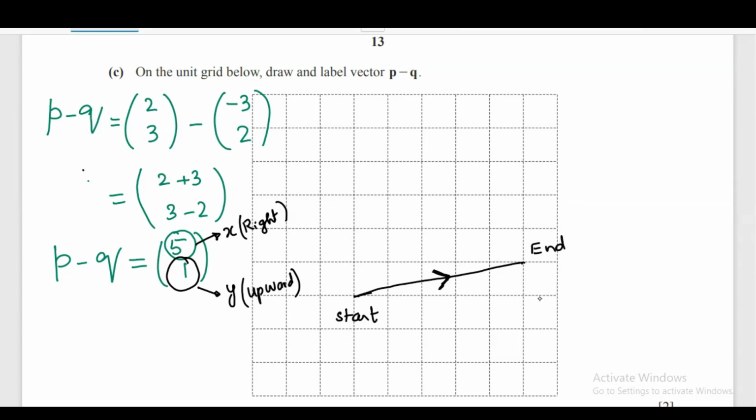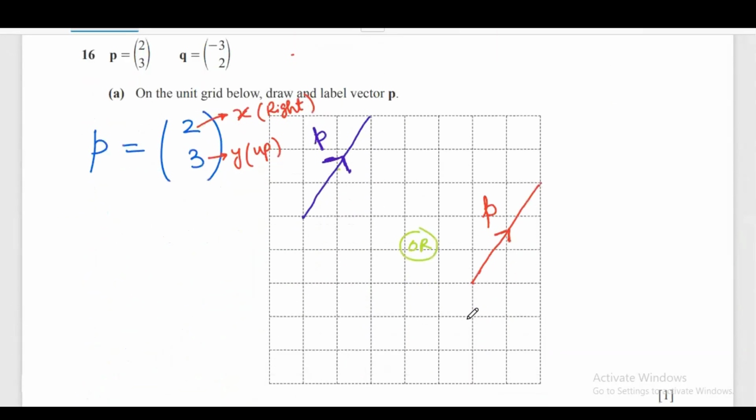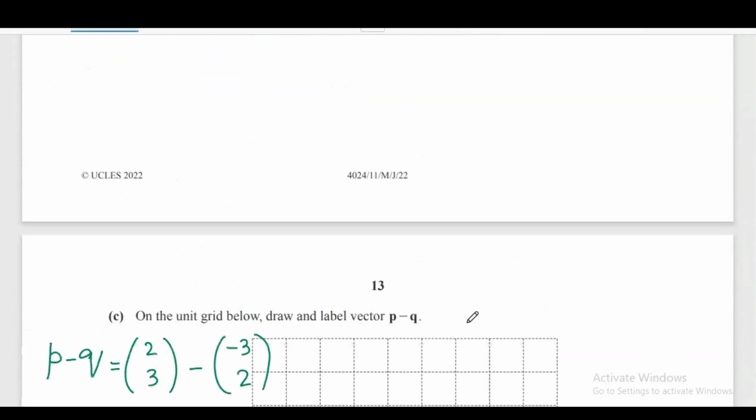This is the graphical representation of vector P minus Q. This is a complete solution of question number 16, part A, part B, and part C.